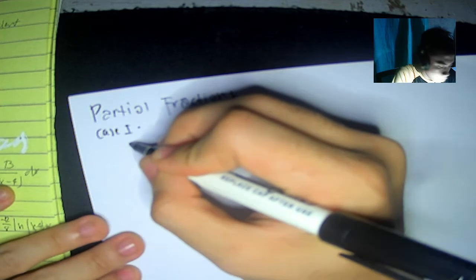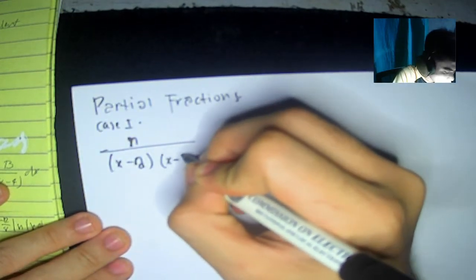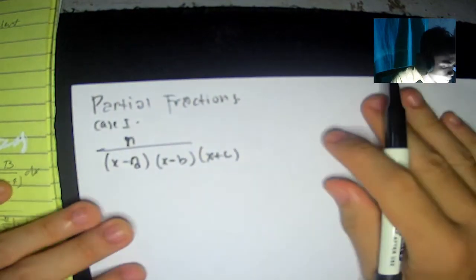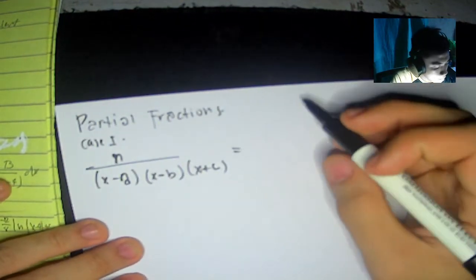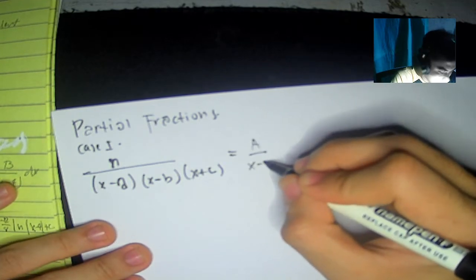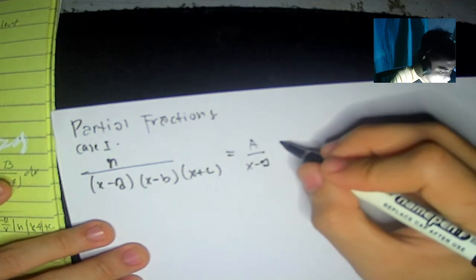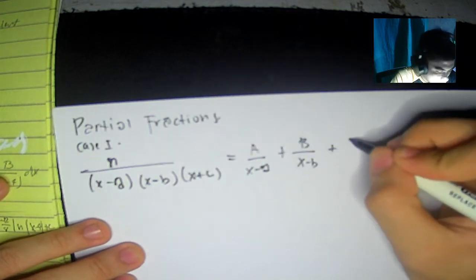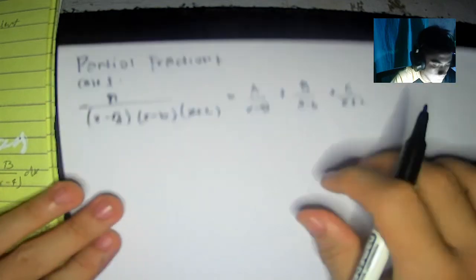Case 1. So the formula we're going to tackle is x minus a, x minus b, and x plus c. In that case, we'll have A over x minus a, plus B over x minus b, plus C over x plus c.